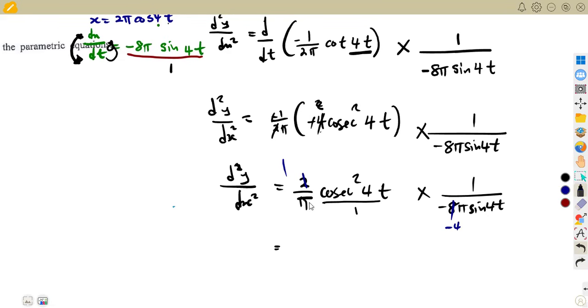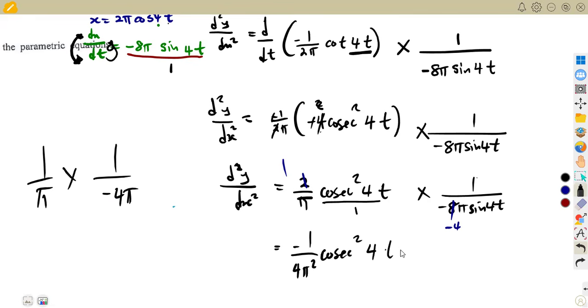So you're going to get 1 over pi times 1 over negative 4 pi. This will be negative 1 over 4 pi squared, since pi times pi is pi squared. Then we have a cosec squared 4t times 1 over a sine. Remember, 1 over a sine is cosec, so this will give us cosec 4t.